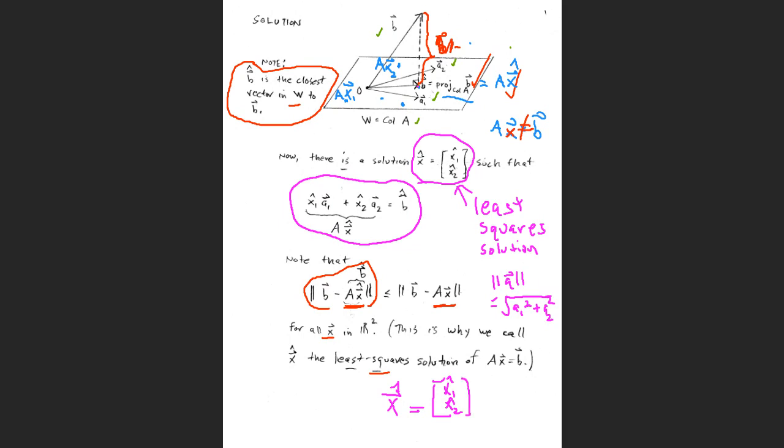We have to compute the least squares solution values. So how are we going to do this? Well, let me go to the book here, and we'll come back to this.